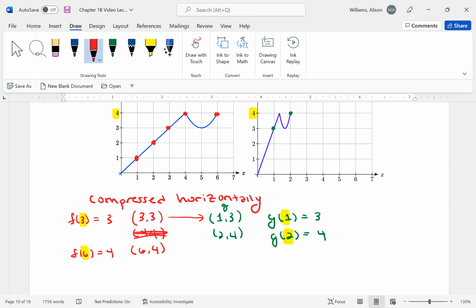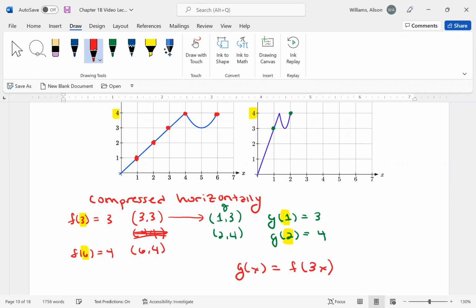It looks like G is taking a third, right? It's 1/3 of F. What that means, though, in terms of a compression, is it kind of goes the opposite. G of X equals F of 3X.